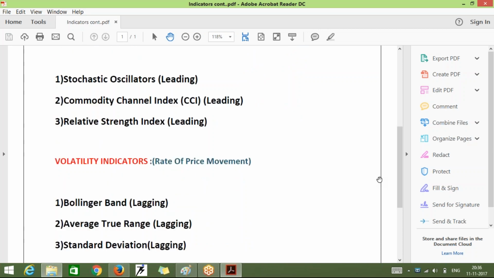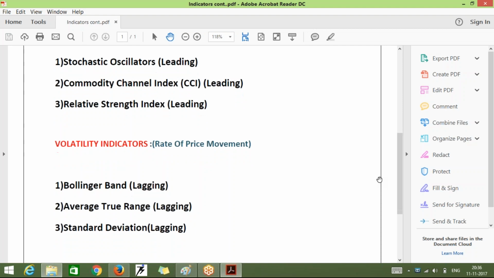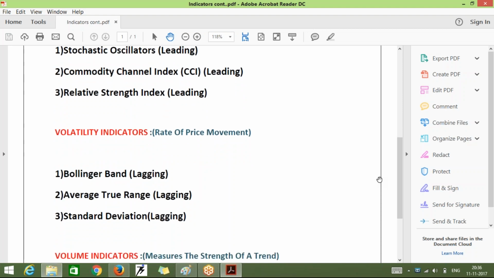And the next is volatility indicator. Under volatility, we'll find Bollinger Band, average true range, and standard deviation. Even Bollinger Band considers standard deviation as a part of it. Bollinger Band is lagging, average true range is also lagging, and standard deviation is also a lagging indicator.